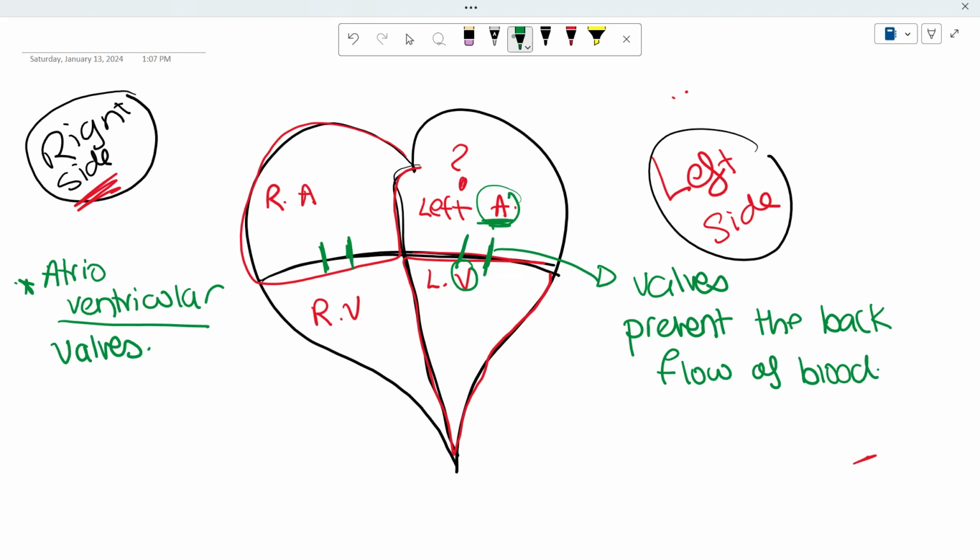We have two types of valves in the heart. We have valves between the atrium and the ventricles, called the atrioventricular valves. And we have another set of valves below the arteries that we will discuss in a minute. Now, the valve that is found on the left side of the heart, what is its name? Who remembers?